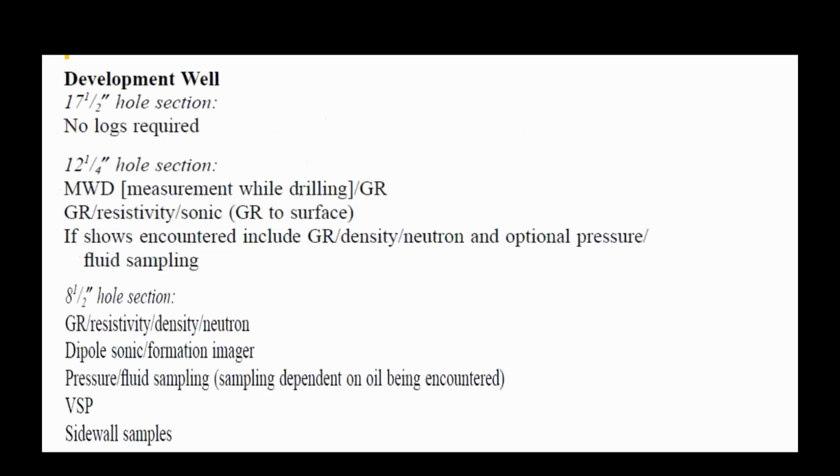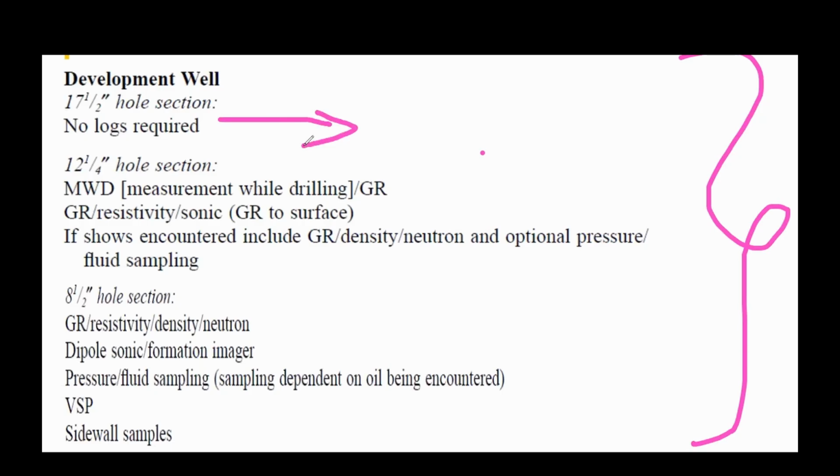So next one is for development wells. If you see development wells, you don't see much sampling, and you don't see a large number of logging tools used. For a 7.5 inch development well, generally they don't go with any kind of logging.